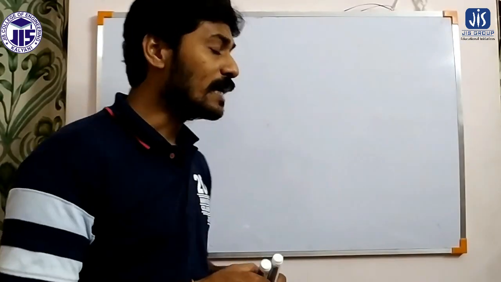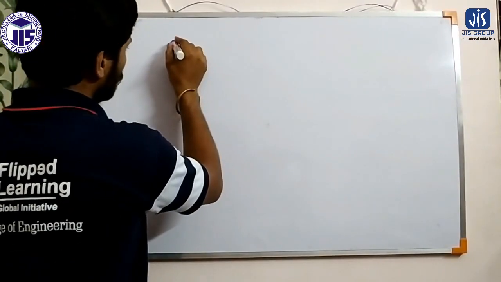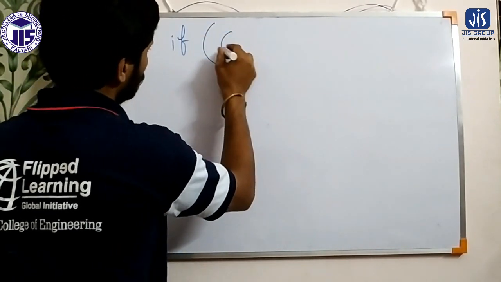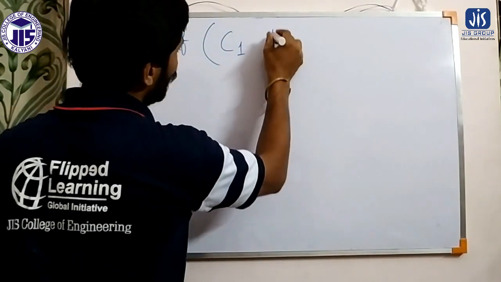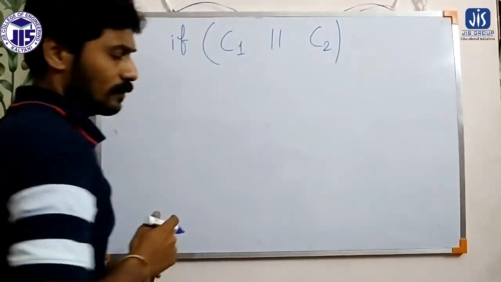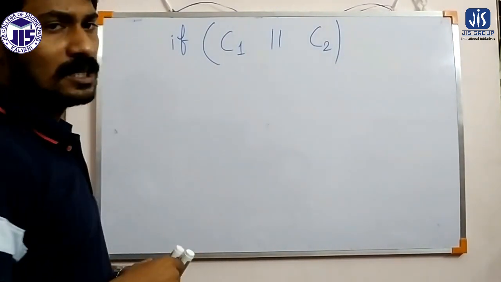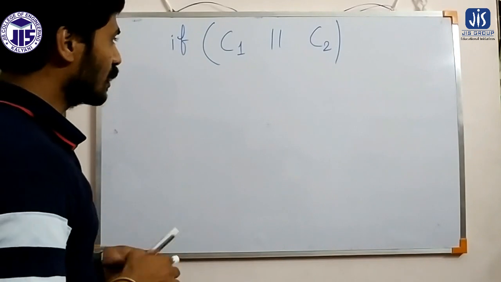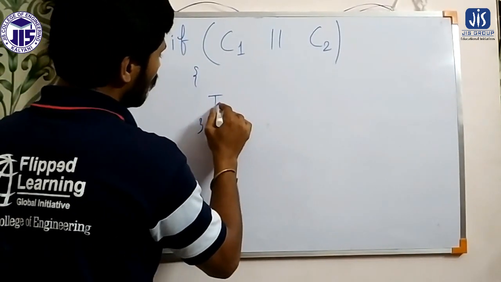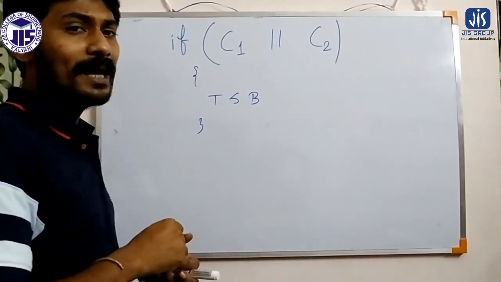In the case of the logical OR operator, if we have two conditions and we merge them by logical OR, it means that if any of the conditions is true, then the true statement block will be executed.